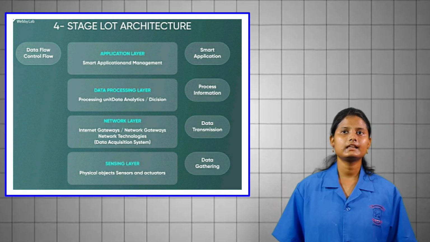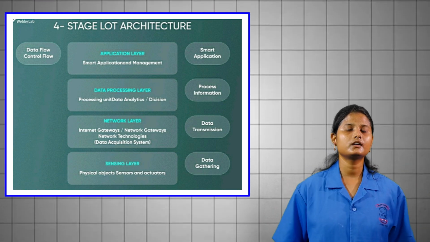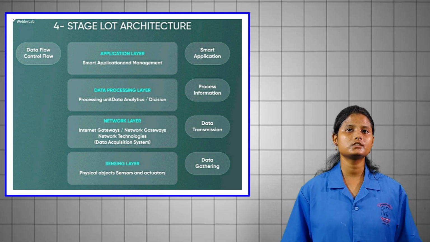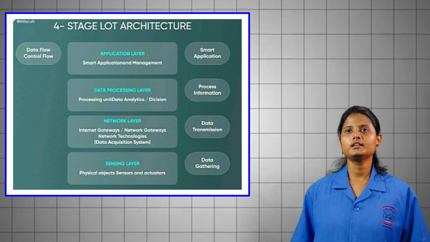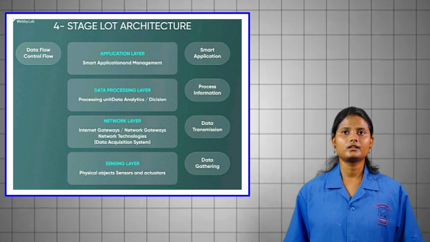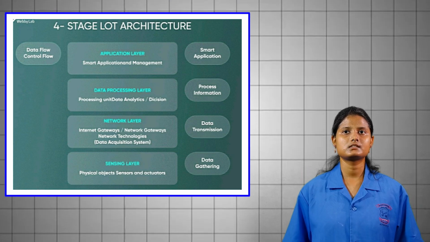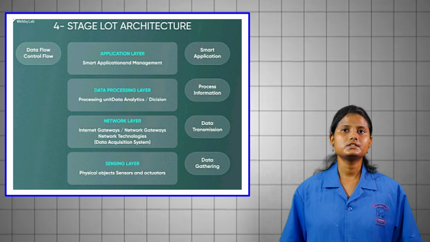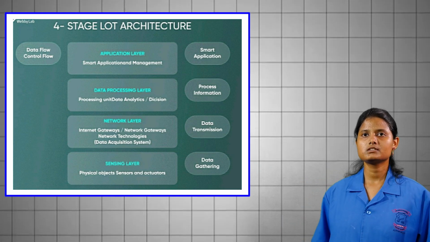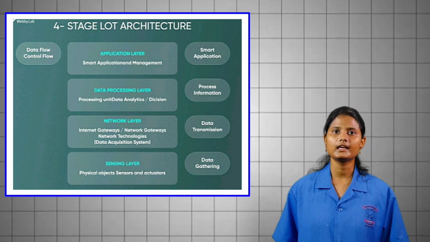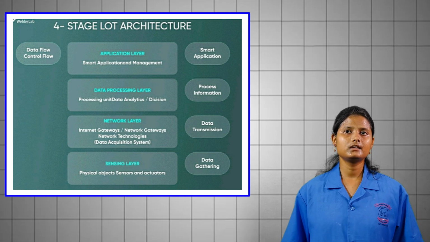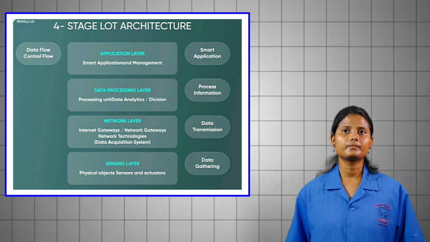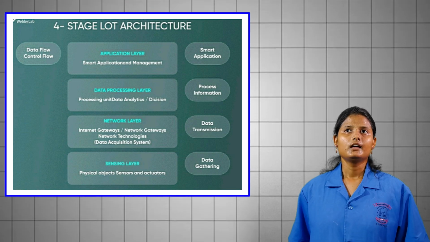Sensing layer is nothing but sensor technology used in all the fields and all the transport facilities. The physical object sensors and the actuators are the main process of the sensing layer. It gives a good result for the architecture.